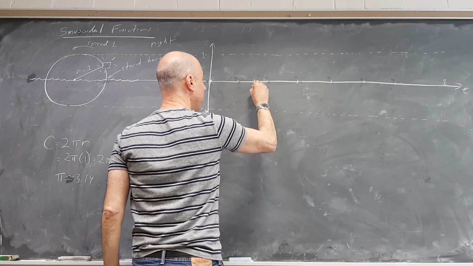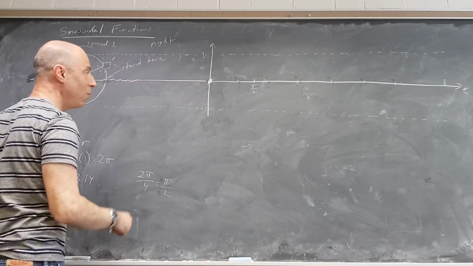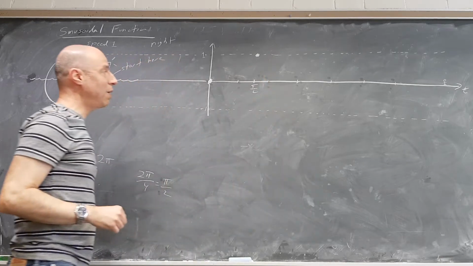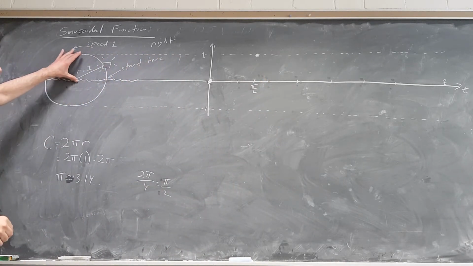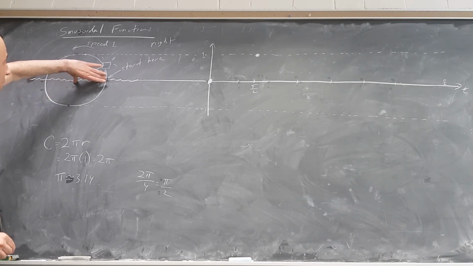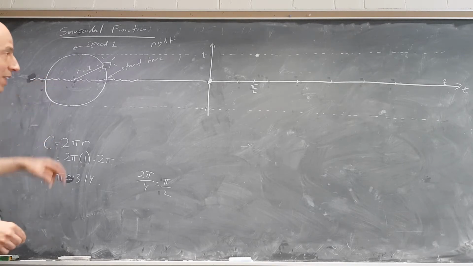There's pi over 2. And our friend gets on at sea level, but by pi over 2, they're up at the top of the ride. We can see they're up at the top of the ride. And in another pi over 2, so when we get all the way to pi, our friend has gone from over here to over here, and now they're about to go underwater, but they're at sea level again. That's what we can see.